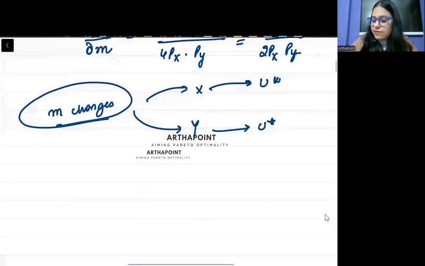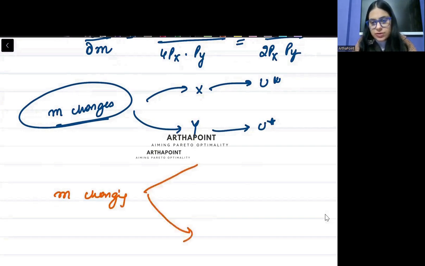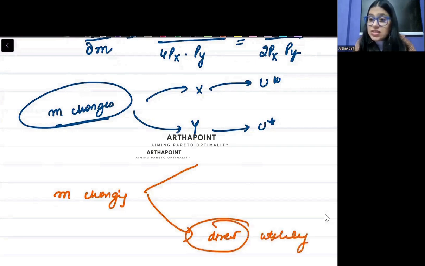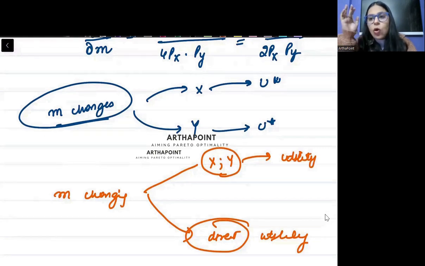So ideally, when my income is changing, there are two effects on utility. One is the direct effect, that it directly affects the utility of the consumer. The other is the indirect effect, that it affects the consumption of x and y, which affect the utility. But the envelope theorem says that we don't have to think about the indirect effect.